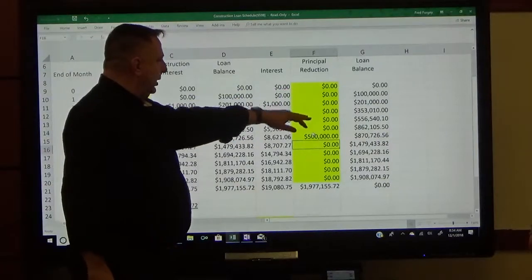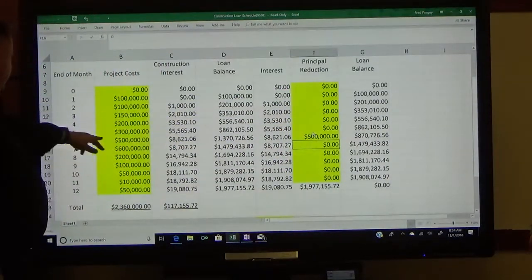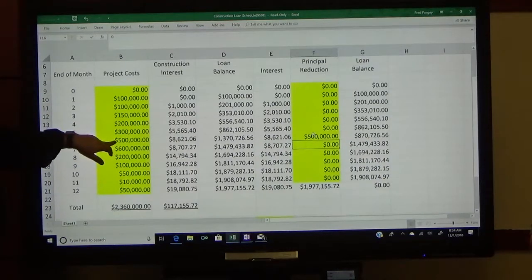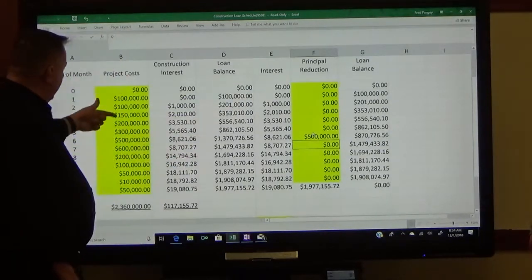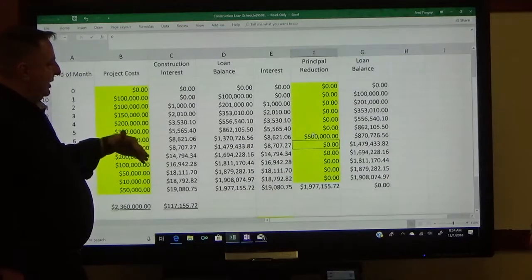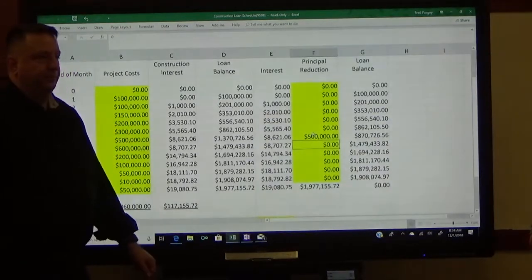Obviously that pays down the balance of the loan, and it also reduces your overall interest expense.